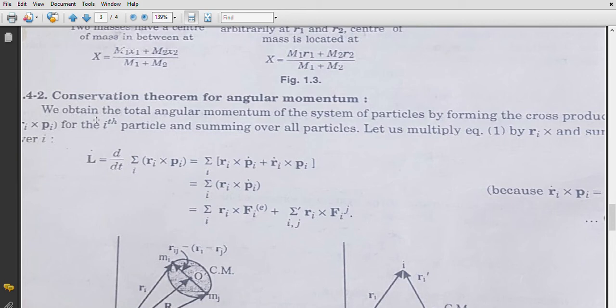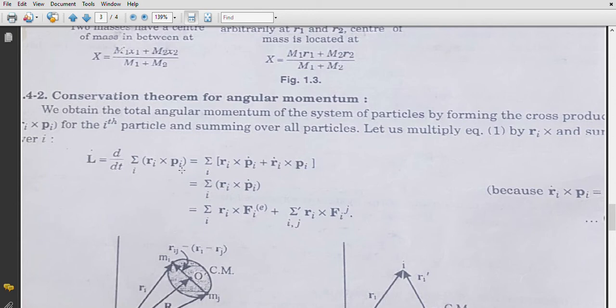But here we have an n particle system. For n particles, we have to sum this expression. So I have summed this expression for n number of particles. This is the relation for the derivative of angular momentum, d by dt of ri cross pi.